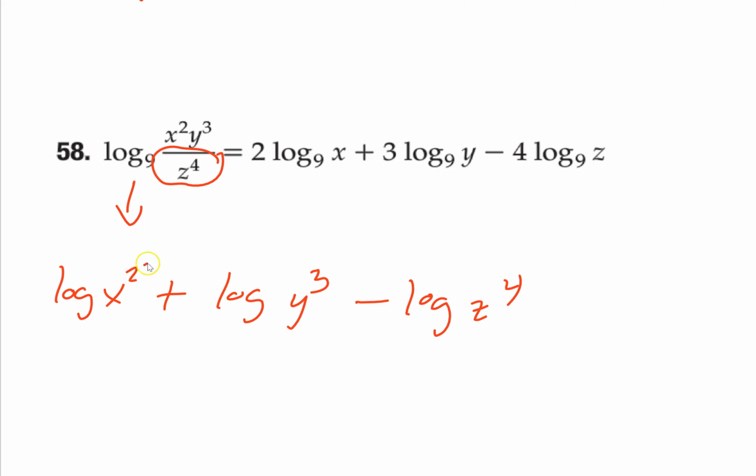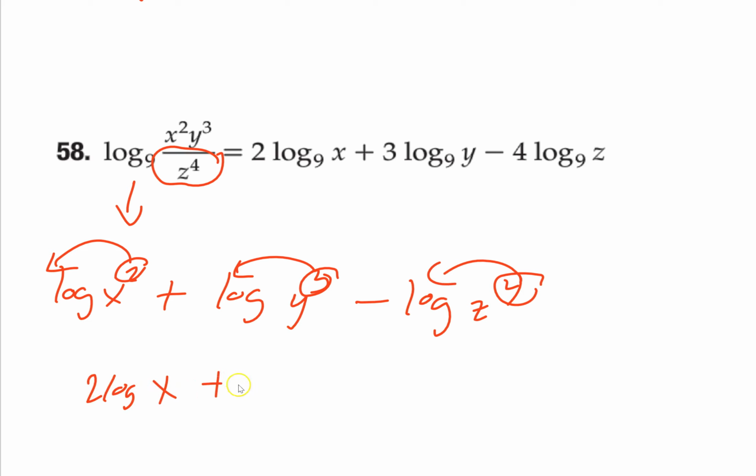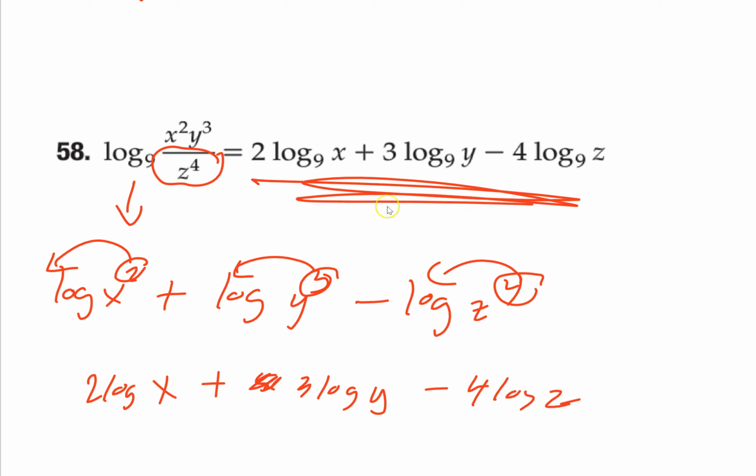So you gotta do my favorite rule: bring them to the front. If you do that, you're gonna get 2 log x plus 3 log y minus 4 log z, which matches. I can't read my own writing. It happens all the time. That's how you condense. That's how you expand. Break it up. So this one's true. And there we go. We're done.